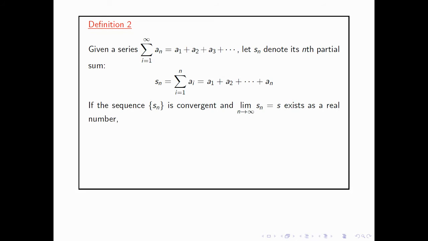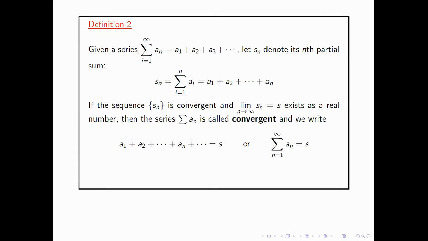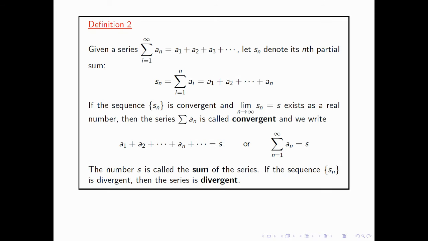And then we say, if the sequence Sn is convergent and its limit is equal to S, and it exists as a real number, then the series, the sum of an, is called convergent, and we say that its value is equal to S. The number S is called the sum of the series.